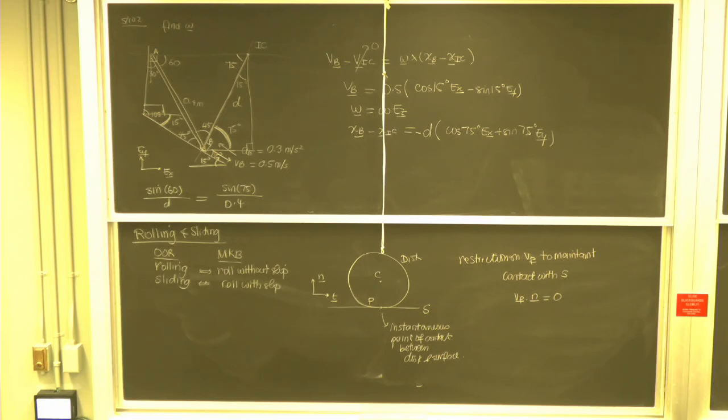Now, going back to your friend's question, when is Vp totally 0? If I'm rolling without slipping on the surface, then the velocity of the point in contact is instantaneously 0. So I'm basically rolling about this point.